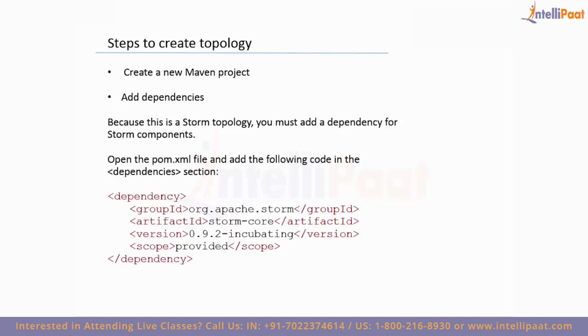As you can see in the following lines, there is an opening and closing dependency tag which adds a group id org.apache.storm, and the artifact id is storm-core. Looking at this dependency, we can easily figure out that we are talking about the Storm core jar, which is going to have all the basic required class files for our code to execute.